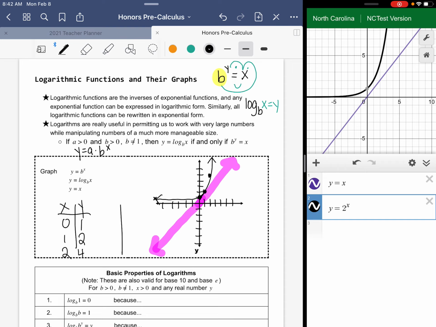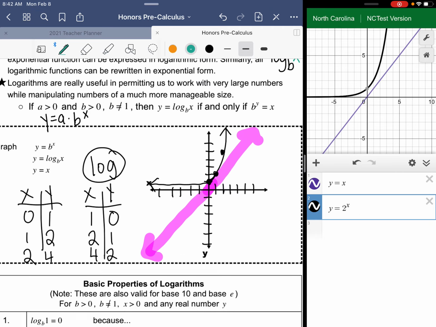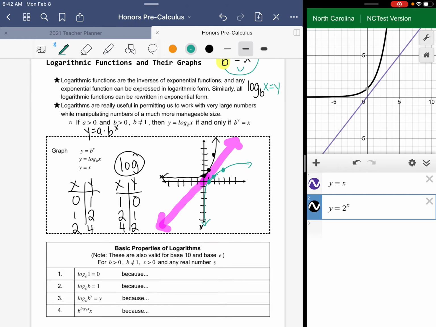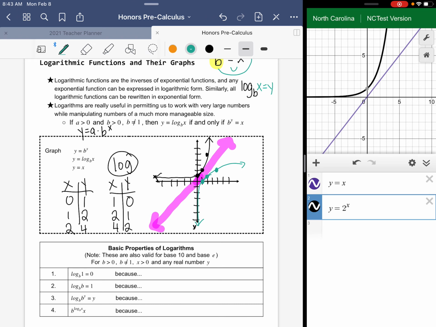Remember, we just did the table: (0, 1), (1, 2), (2, 4). If I inverse and make my logarithm, that's going to give me (1, 0), (2, 1), and (4, 2). So if I regraph that, I have (1, 0), (2, 1), and (4, 2). And we can see that it has that reflection over y equals x, making it an inverse.